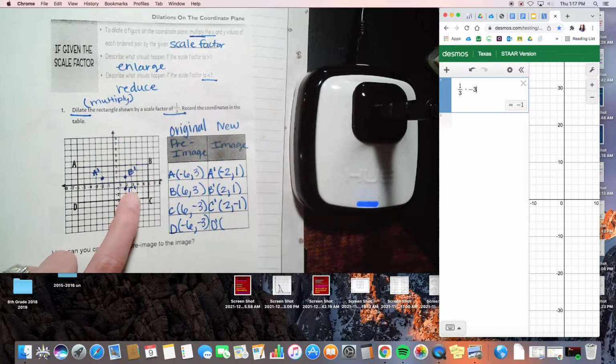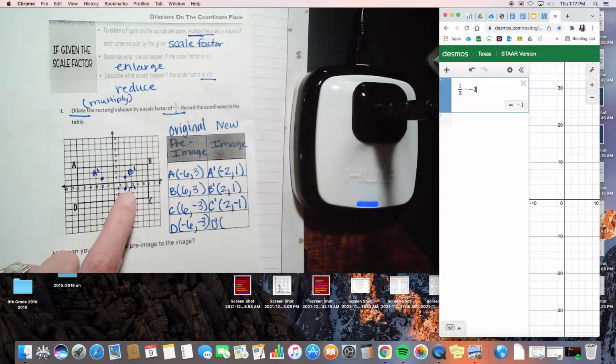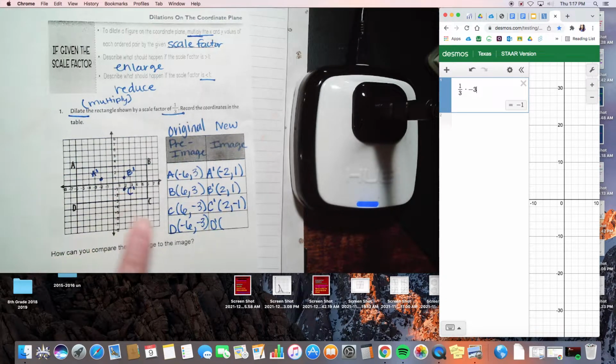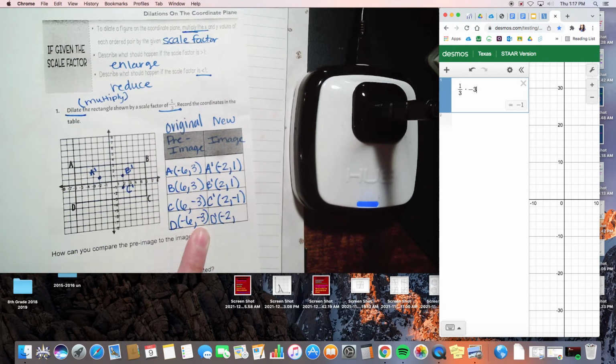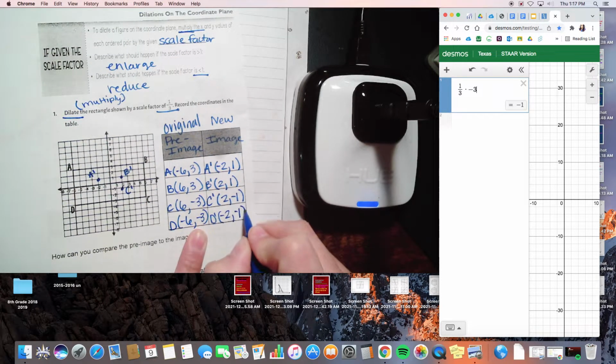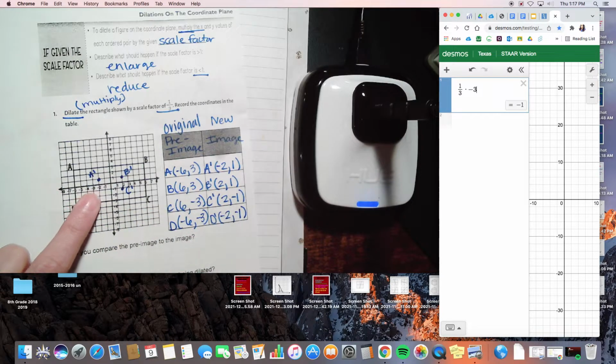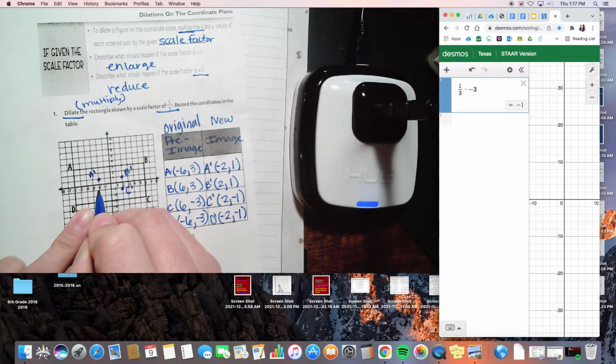Make sure you're writing the little apostrophe, because if not, you don't know that this figure has changed. You have to make sure you're writing that so you remember that it has changed. Okay, so for D, -6 times 1/3 gives me -2, comma, and then -3 gives me -1. So now I'm going to plot my point. It's at -2, comma, -1. And that is D prime.